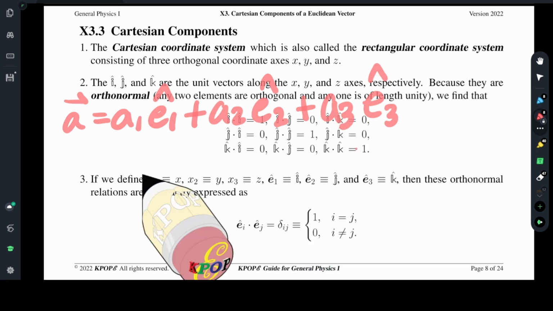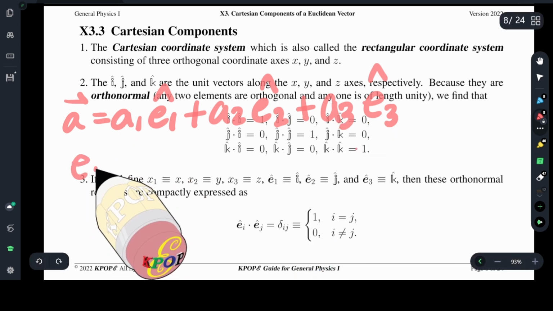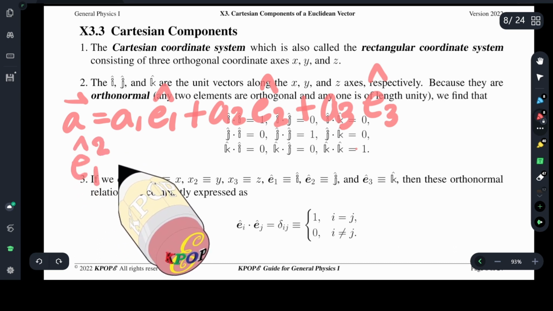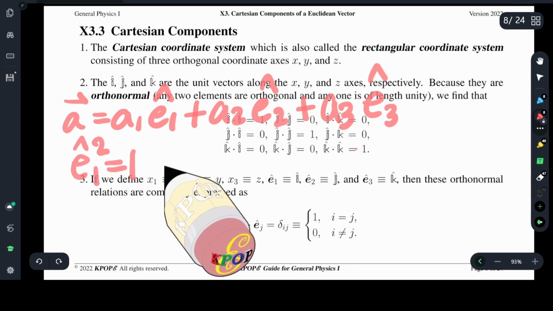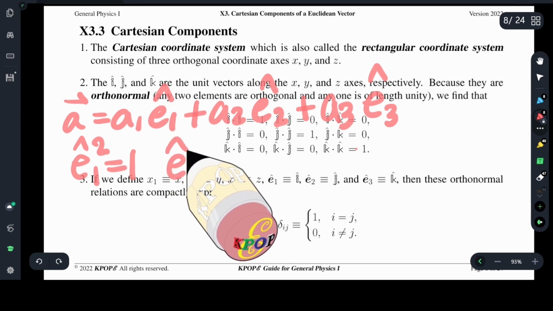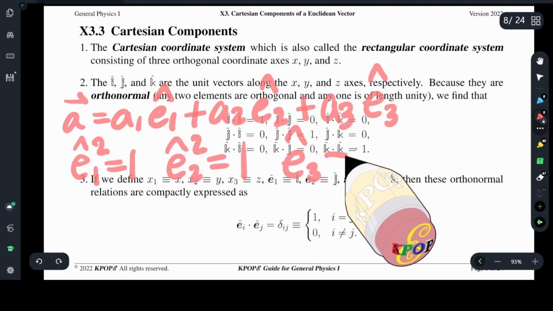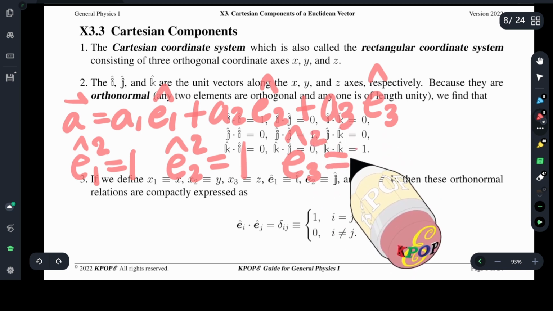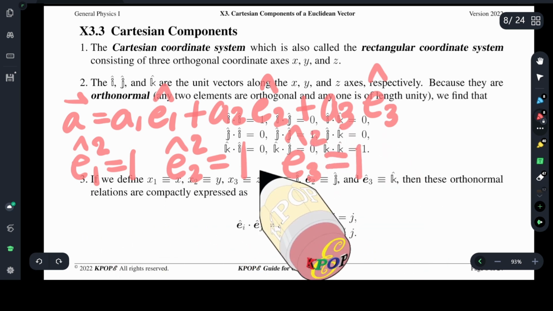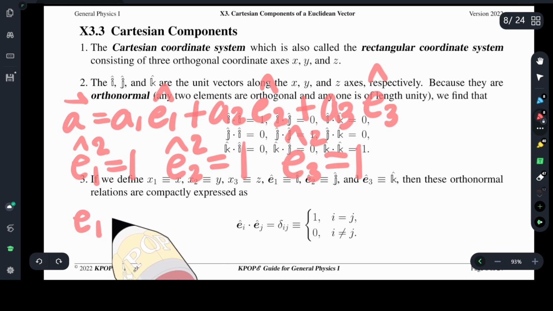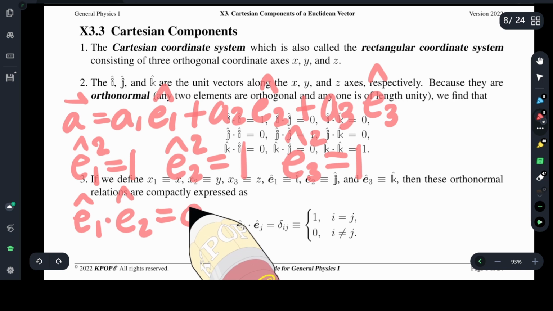In any case, for the basis of Cartesian coordinates, the scalar product of a basis vector with itself should be 1 because the length is normalized to be 1 for simplicity of calculation, and all of the three axes must be orthogonal to each other, because the length is 1 and cosine 90 degrees is 0.